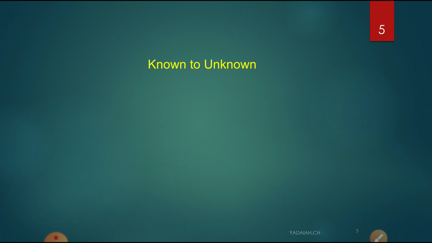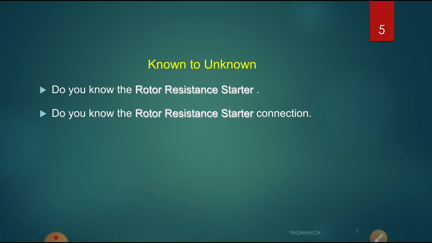What we have previously discussed: direct online starter, auto transformer, and star delta starter are generally used for 3-phase squirrel cage induction motors. Which starter is used for the slip ring induction motor? In this case, we are going to study the rotor resistance starter. Okay. So we will see one by one.